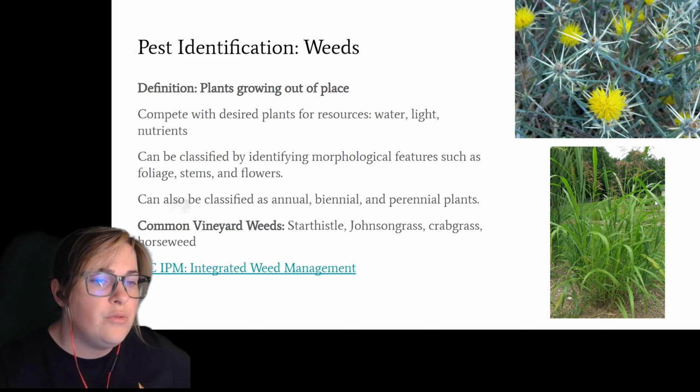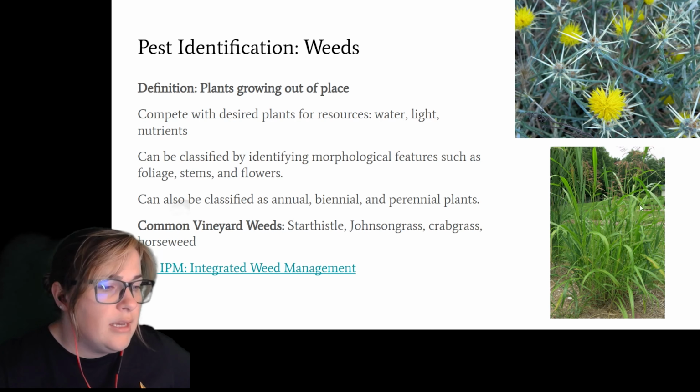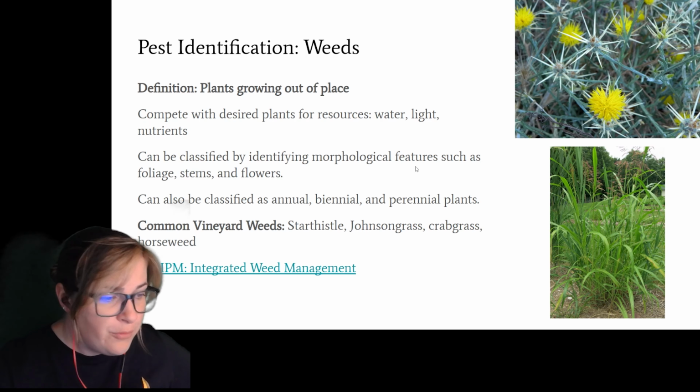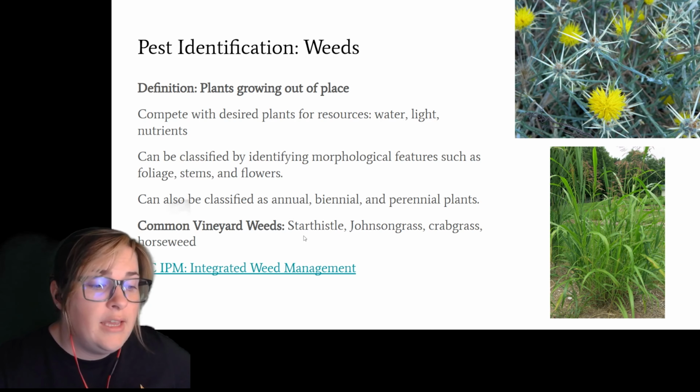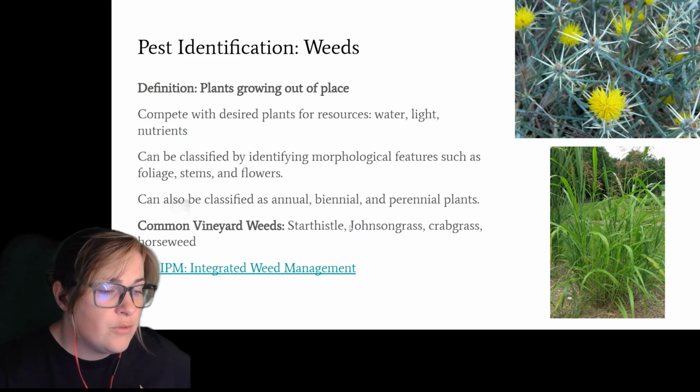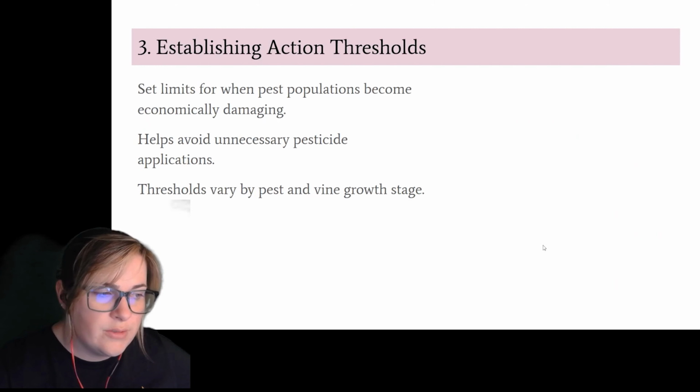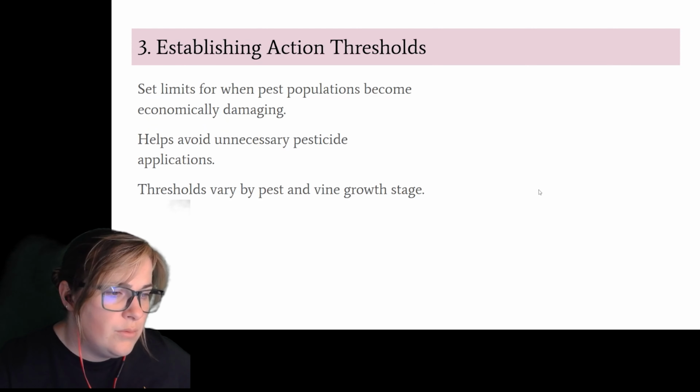And that's through the shape, the stem, and all the other morphological features, right? And then maybe just be able to identify general weeds in a vineyard. So star thistle, Johnson grass, crabgrass, horseweed, all very common weeds in vineyards. Cool.